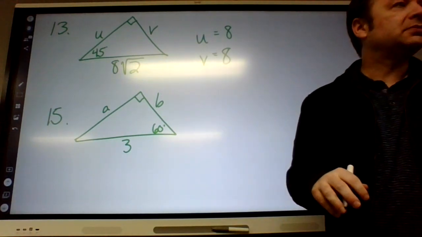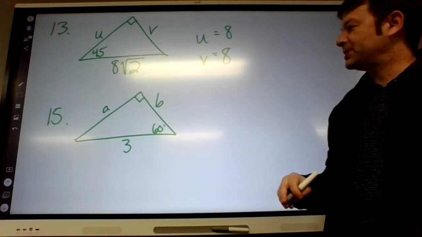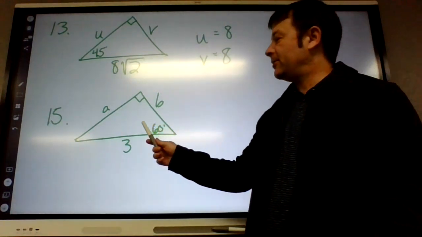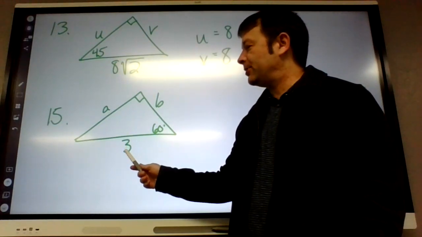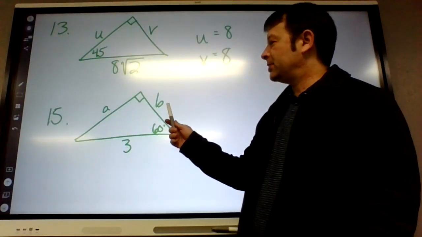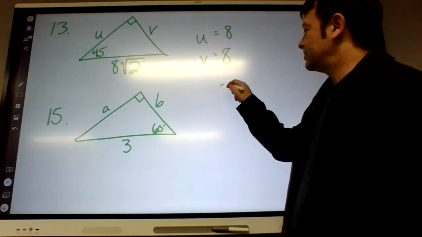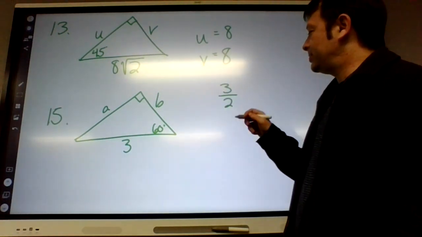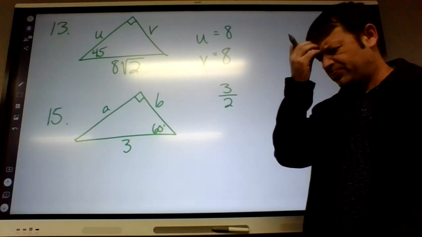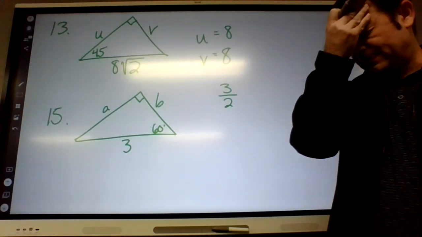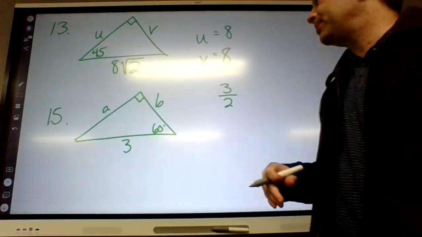Okay, so we're back to a 30, 60, 90. We're starting off with the hypotenuse. Where do I need to go from here? Divide by two, short leg. How do I go to the short leg? 1.5. Divide by 2. Yeah, you could do that. The book usually likes fractions, but if you put 1.5, it's fine.